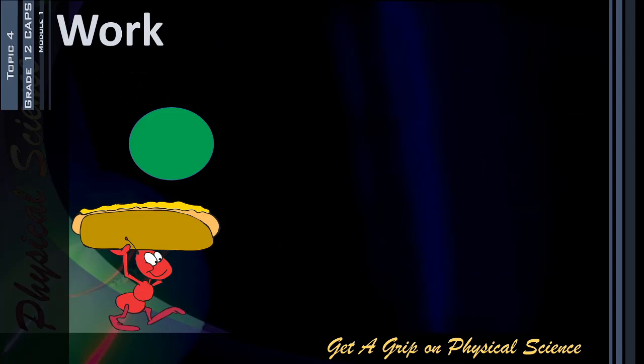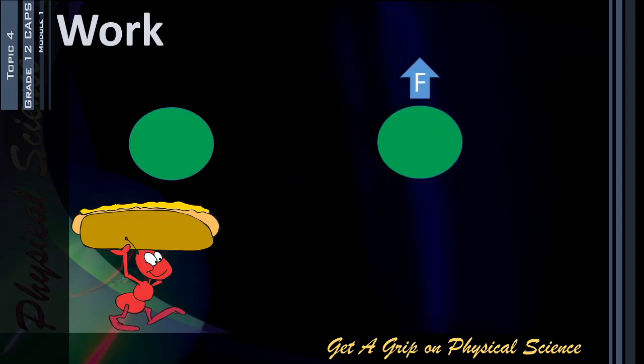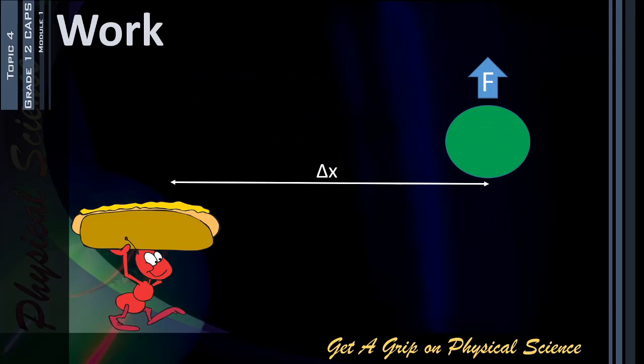Now we will look at a situation where the applied force does not have any components in the same direction as the displacement. In the illustration we have an ant that applies a force upward onto the food, but the food will move with the ant, and the displacement will be at a perpendicular angle to the applied force.